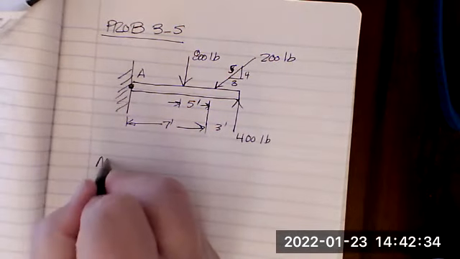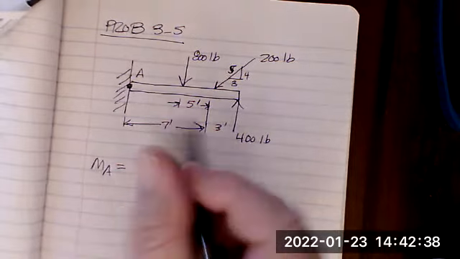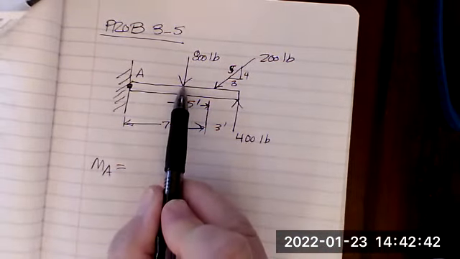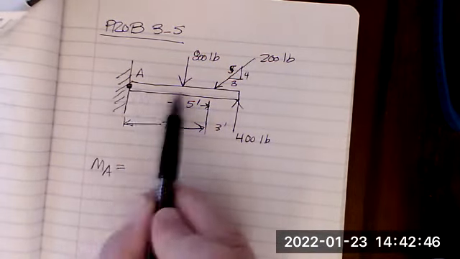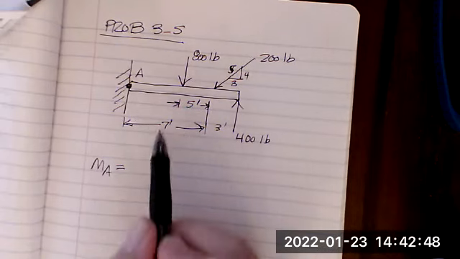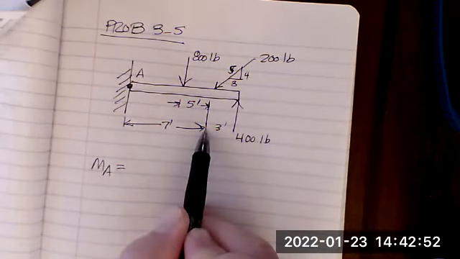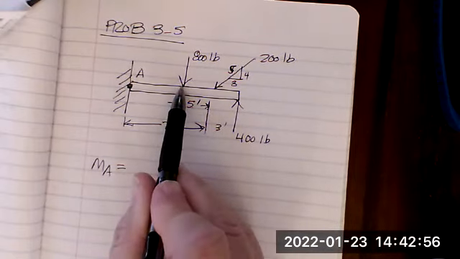Let's do this. Moments about A equals, all right, you got 800 pounds. Now, what is the distance from this point of the vector to point A? What is that distance? We got to do some math here. We've got 7 feet from here to here. And this is 5 feet to this point of application.